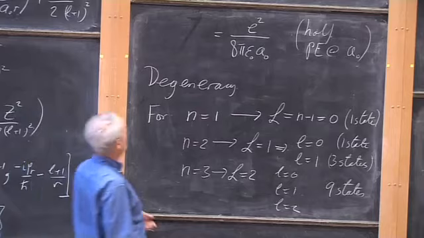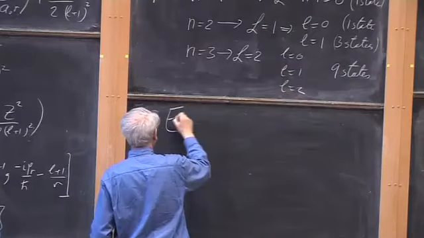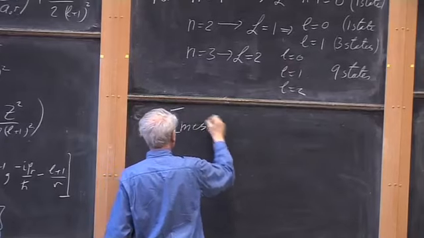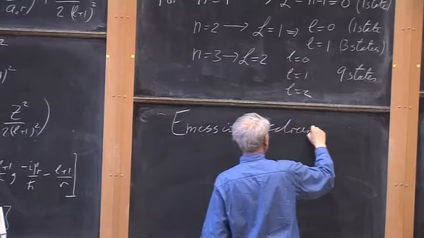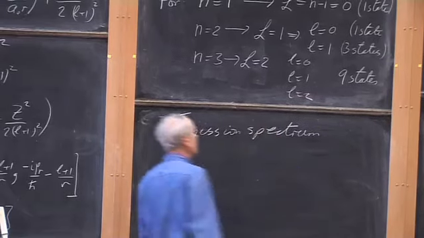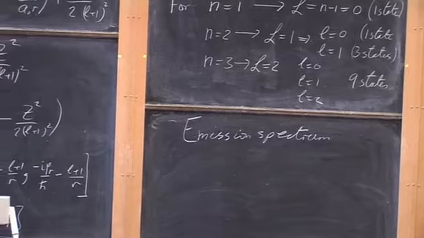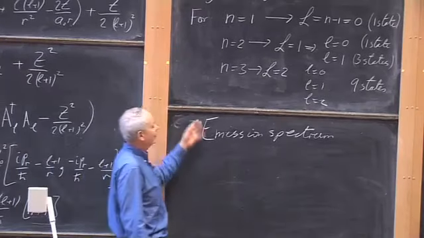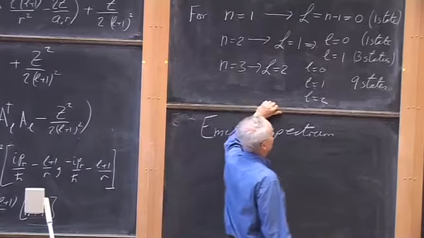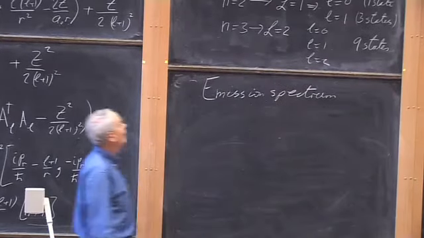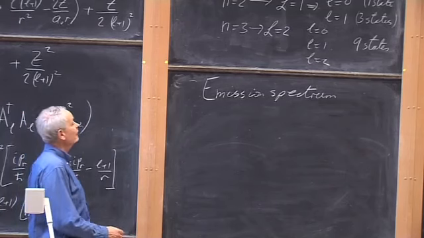What does this have to say about experiments? Stick some hydrogen atoms in a vessel and pass an electric current through to get the electrons knocked out of their comfort zone, and you will get photons coming out at discrete frequencies.